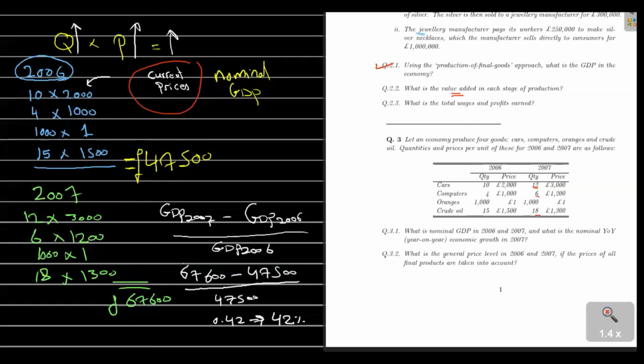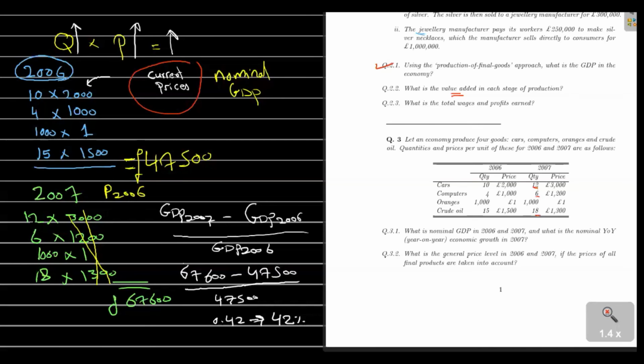So if I want to calculate how much real GDP has changed from 2006 to 2007, then I need to exclude the effect of price changes. So I need to change these prices. Instead of these prices, I need to use the prices from 2006.